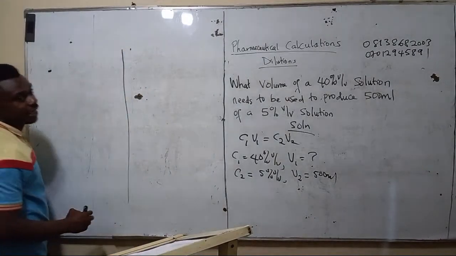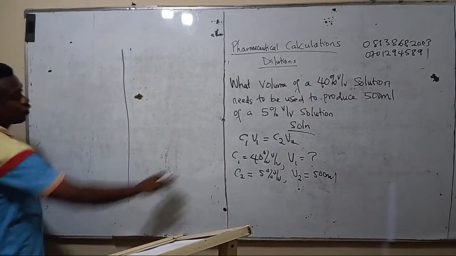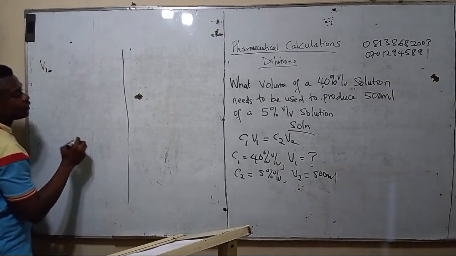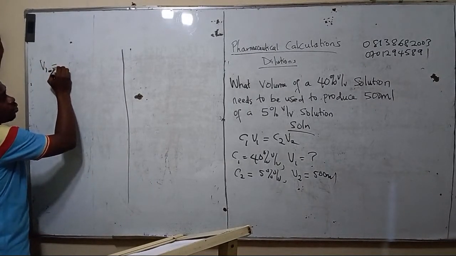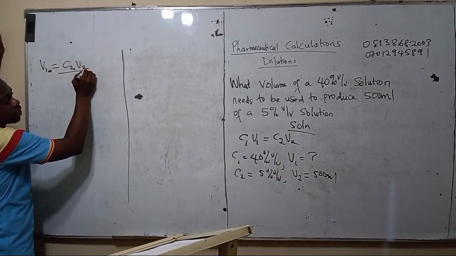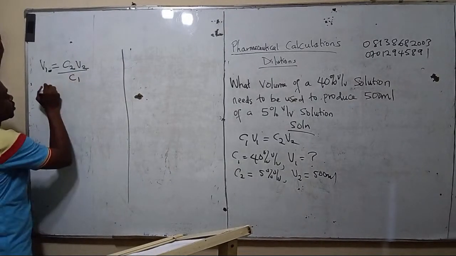So let's calculate V1. From this formula, making V1 the subject of the formula, V1 is equal to C2V2 over C1. So let's substitute.